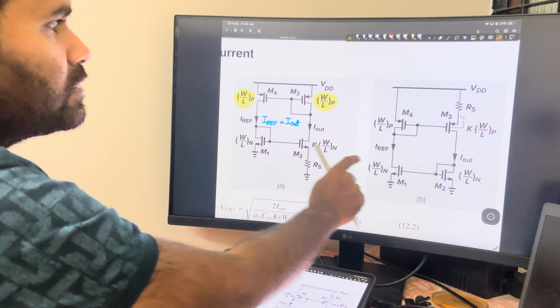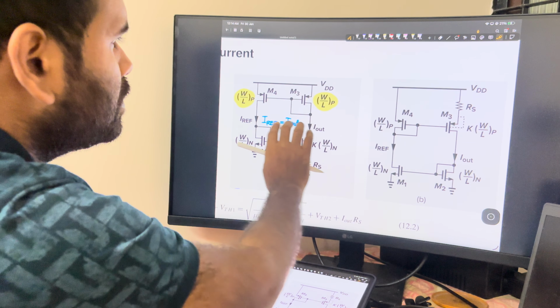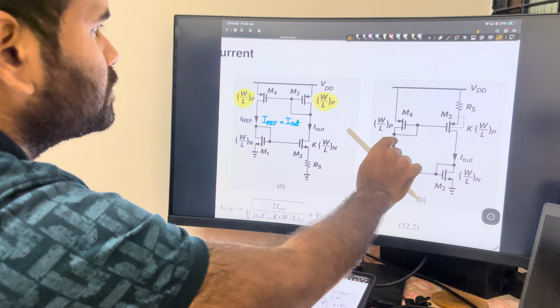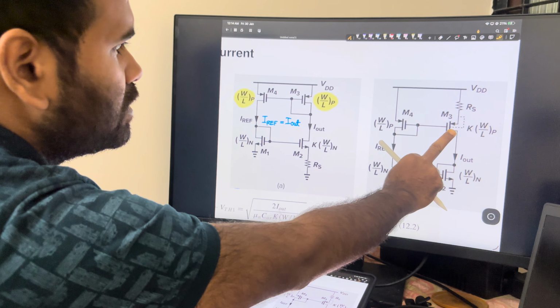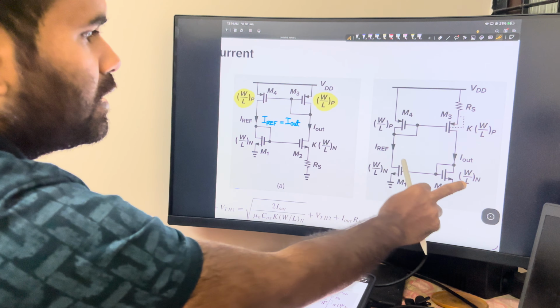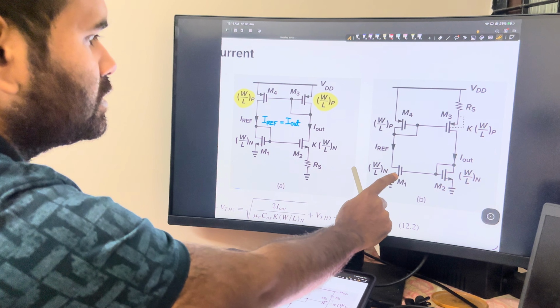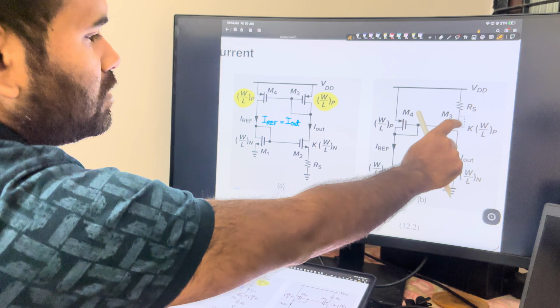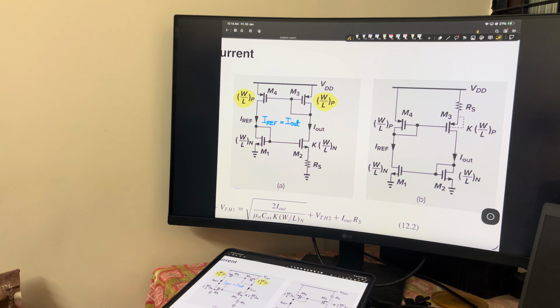This is a dependent current source, so here also you need to do the same thing. We just need to flip these two transistors. So now this is your current source, this is the diode, and here this is the diode, this is your current source. I am adding this RS resistor on the current source.